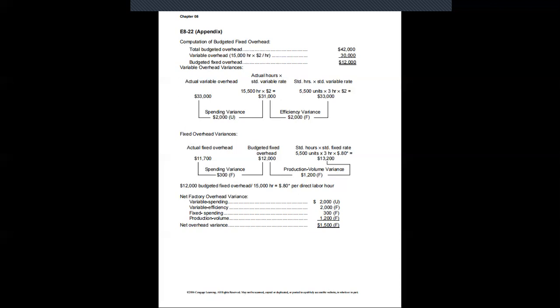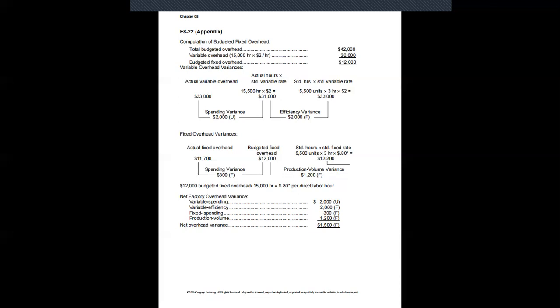So we now determine the total budgeted overhead of 42,000. We deduct the variable overhead of 15,000 hours times 2. That's the variable overhead rate. So the difference of $12,000, that's the budgeted fixed overhead. So for the variable overhead variances, the actual variable overhead is given at 33,000, and we now compare this with the actual hours times standard variable rate.